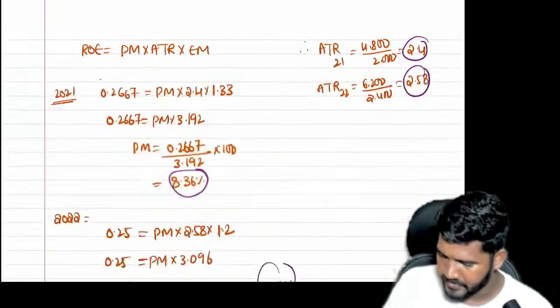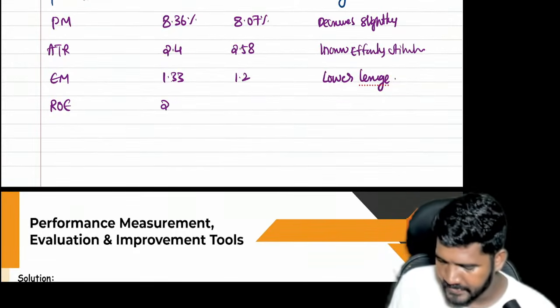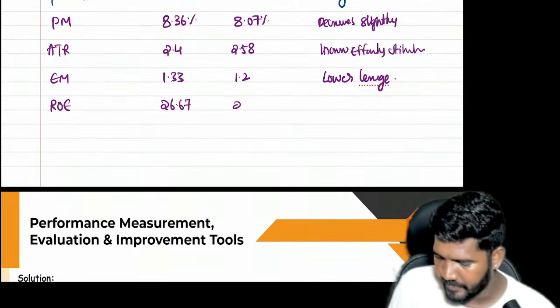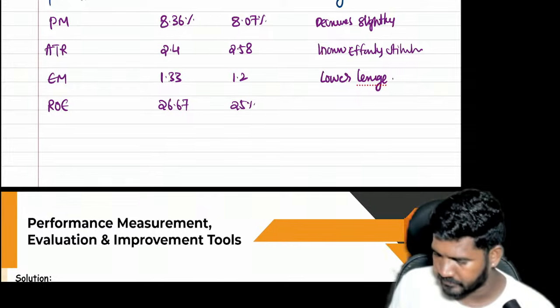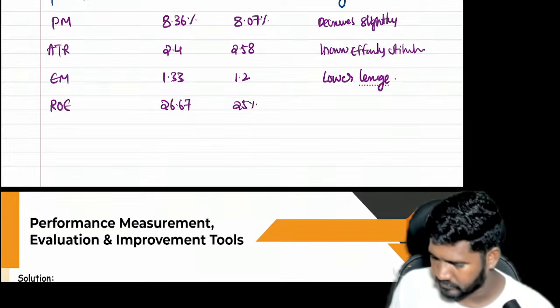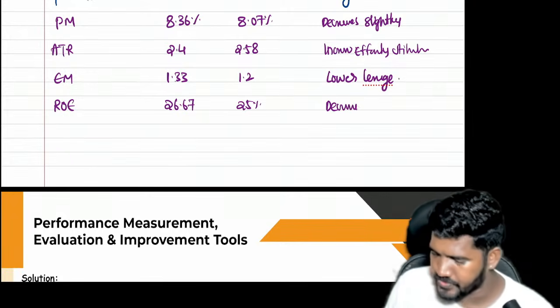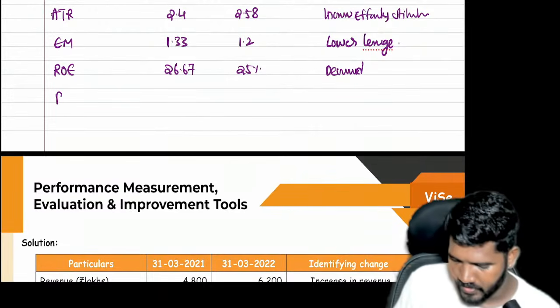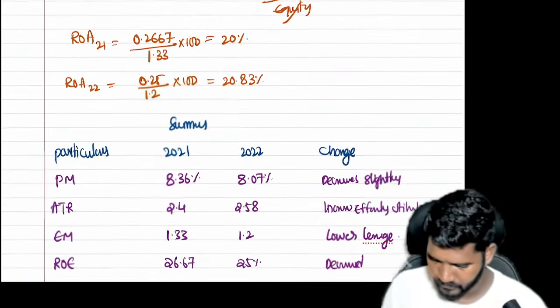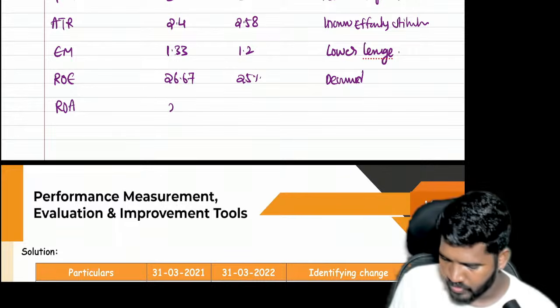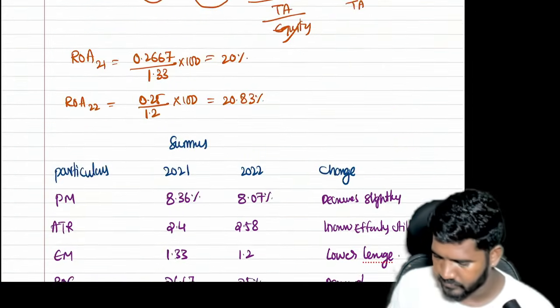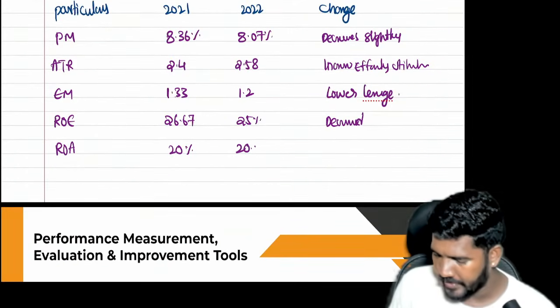26.67%, 25%. Decreased. Return on assets 20%, 20.83%.